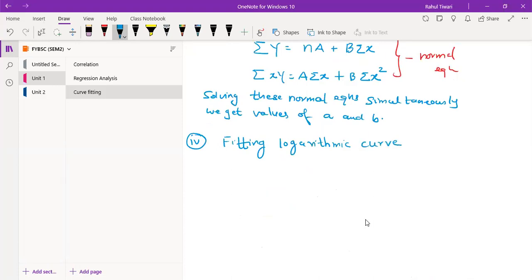Okay, what is a logarithmic curve? What will be the form? The logarithmic curve is of the form y is equal to a plus b times log of x.